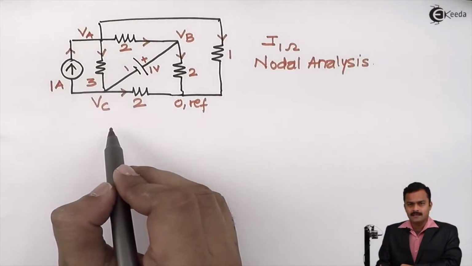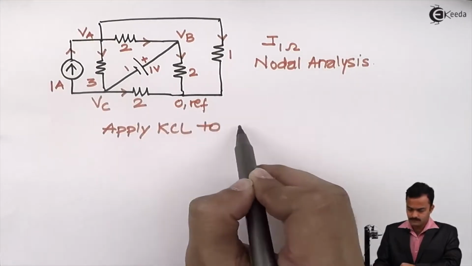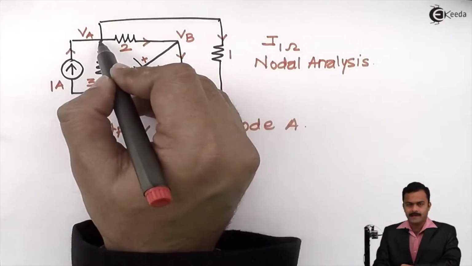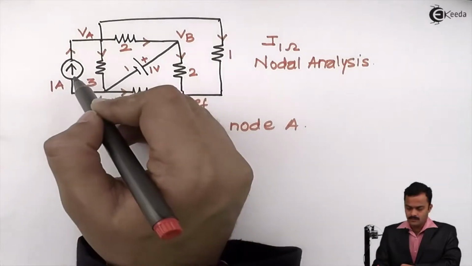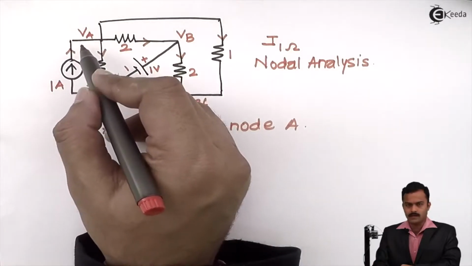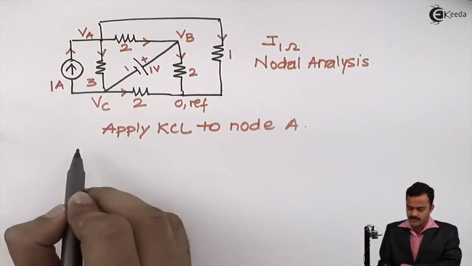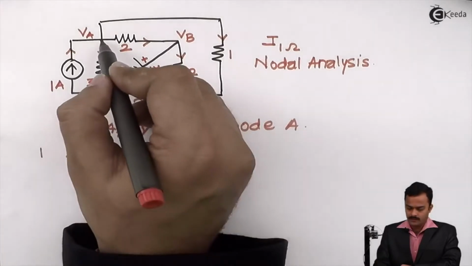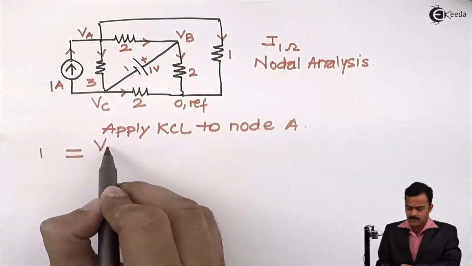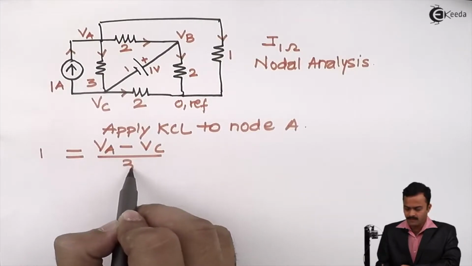Let's apply KCL to node A. At A, 4 branches are connected: one incoming current, that is 1 ampere, and the remaining 3 branch currents are outgoing. So let's write the equation. Incoming current is just 1 ampere equal to, for this outgoing current started at A ending on C, resistance is 3.